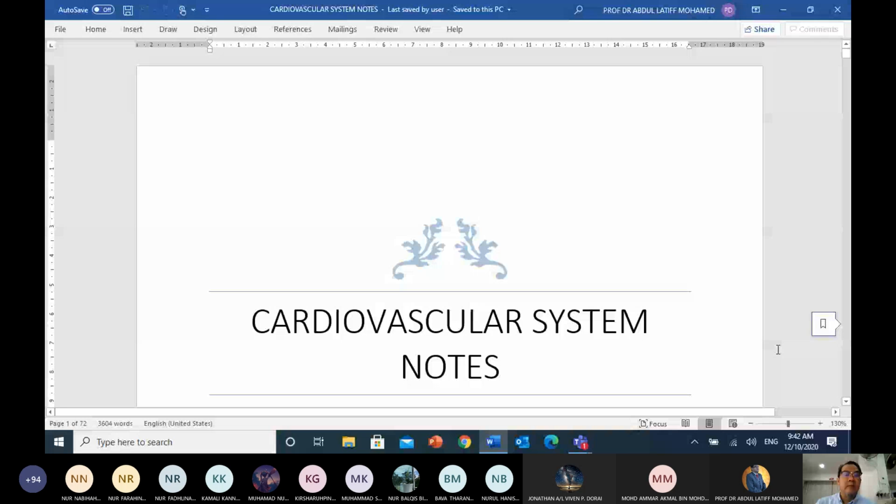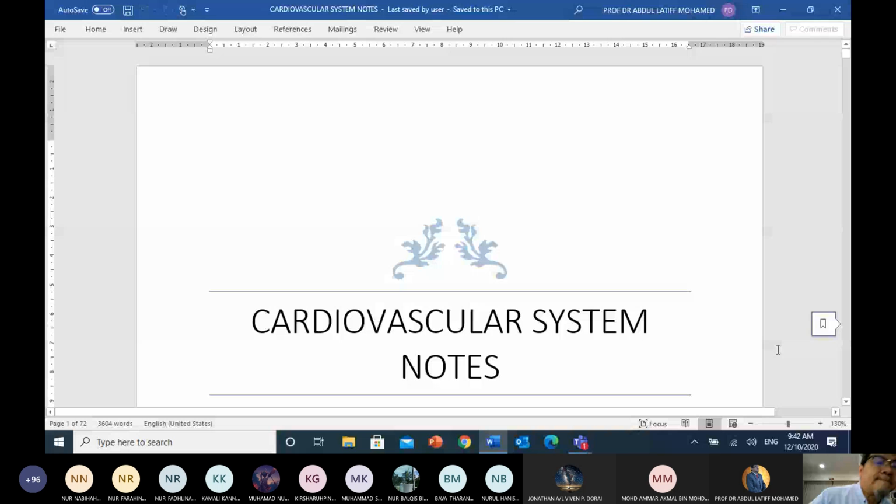Now I summarize what we discussed. So basically, valvular heart disease is caused by chronic inflammation of the heart valve, leading to either stenosis or regurgitation. I said the most common cause of valve damage is chronic rheumatic heart disease as a sequela or consequence of rheumatic fever at the younger age.